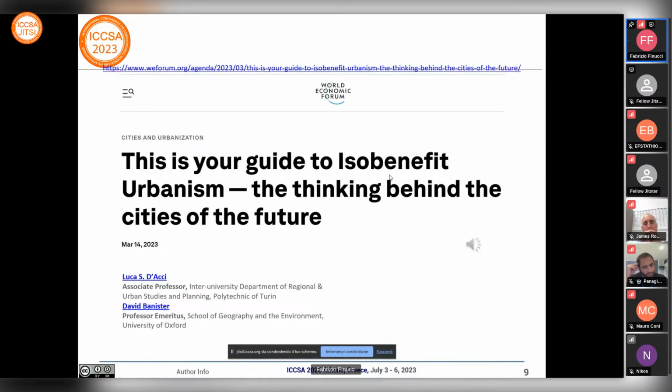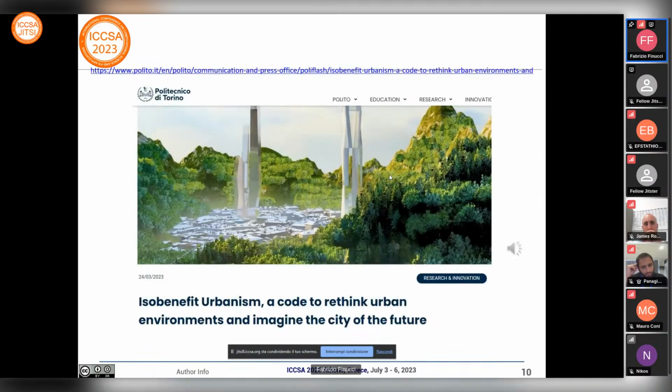This model has been recently published at the World Economic Forum, together with Professor David Bannister from University of Oxford. You can also see a nice short synthesis of the main concept in this link from Polytechnic of Turin.